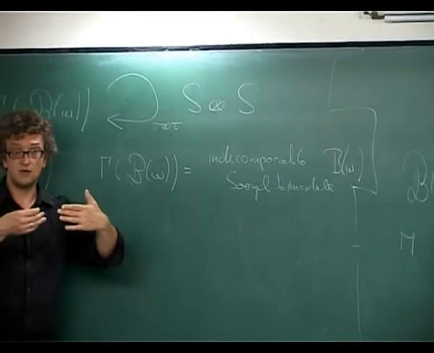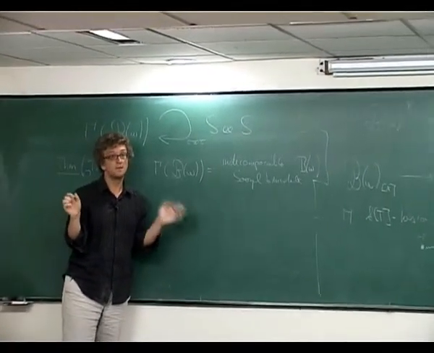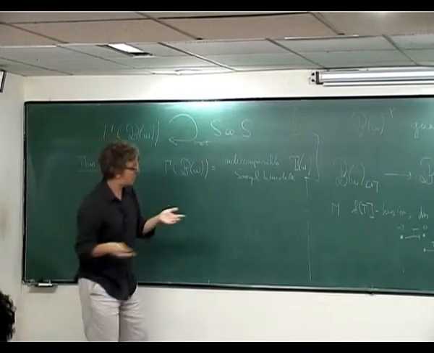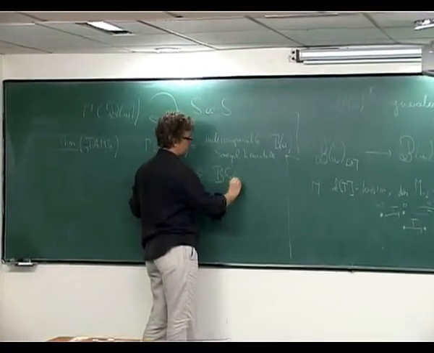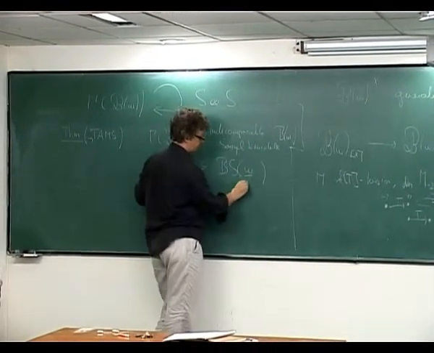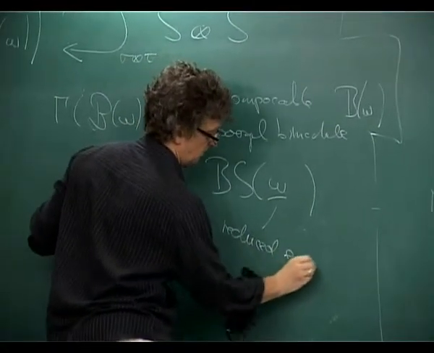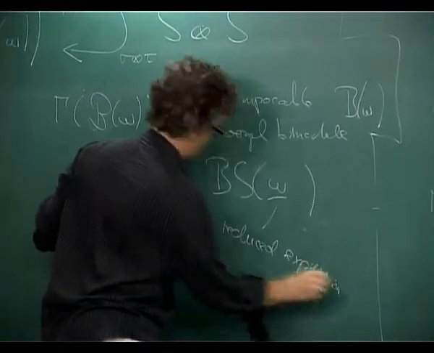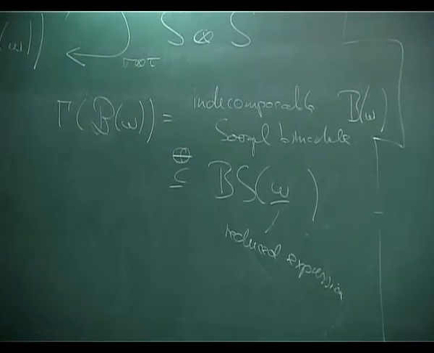Also using an algorithm, but you don't have to decompose a tensor product. This BW is the direct summand of that. So it's a direct summand of a Bott-Samuelson module corresponding to a reduced expression of W. This is a direct summand, uniquely determined.